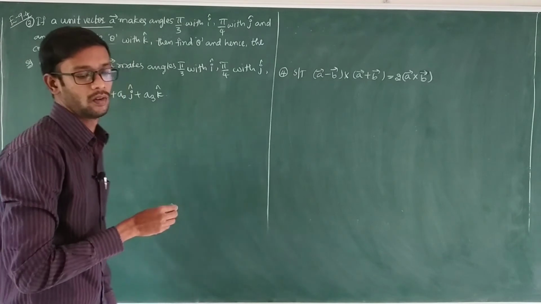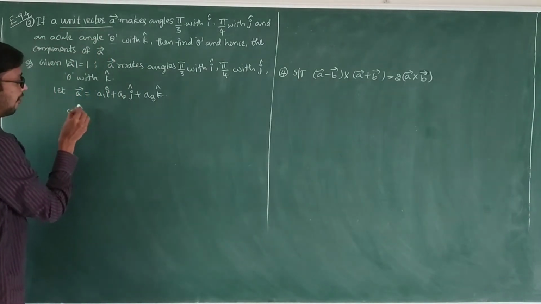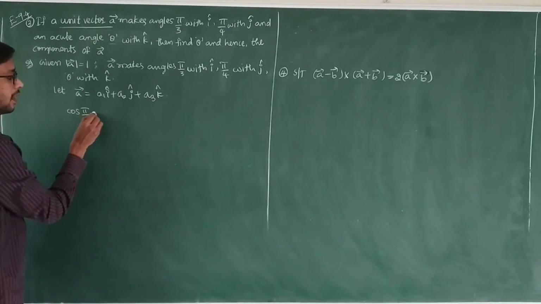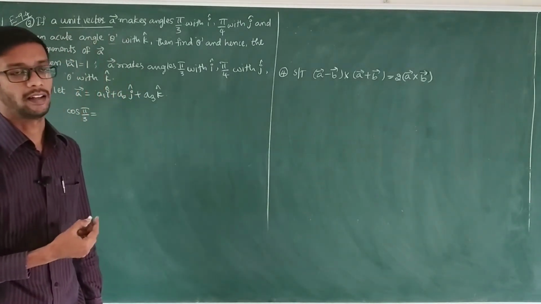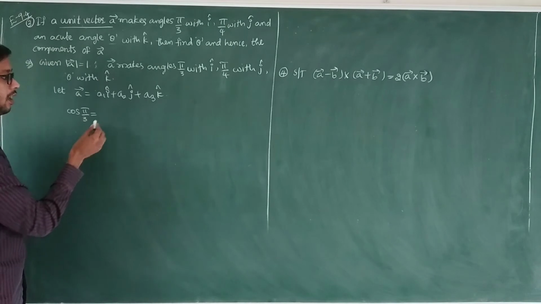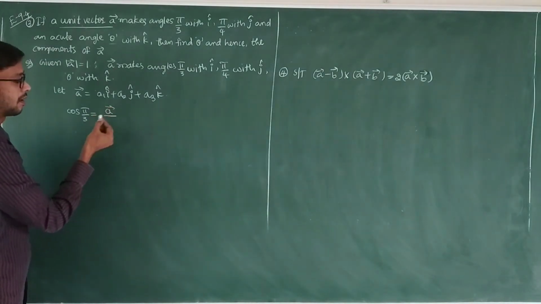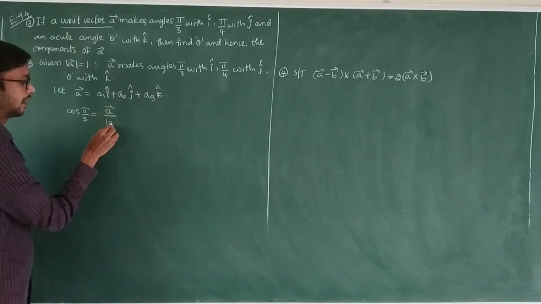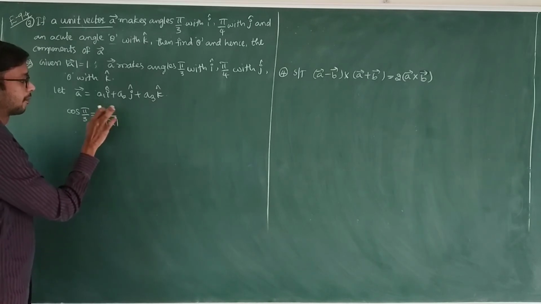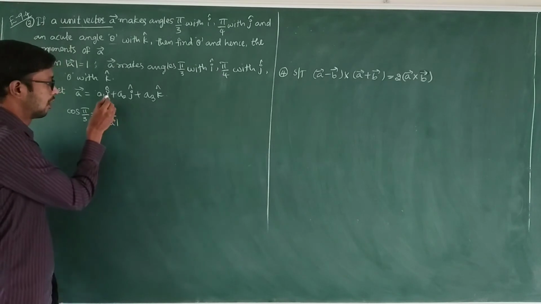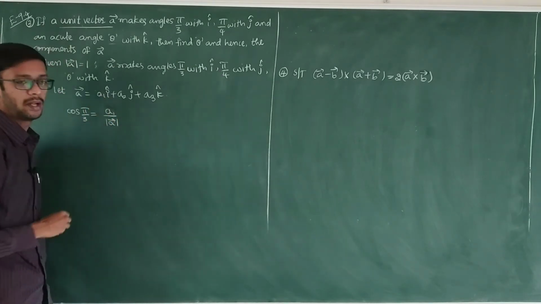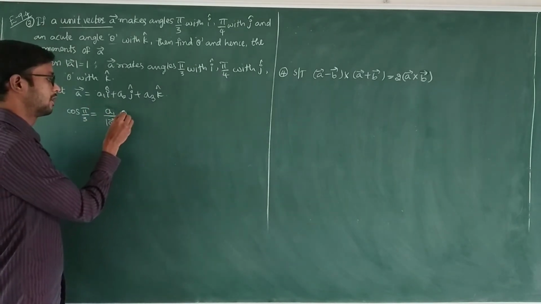Now, the cos alpha formula. Alpha is here pi by 3, the angle with I cap, the x axis. The formula is coefficient divided by magnitude of A bar, so A1 by magnitude.